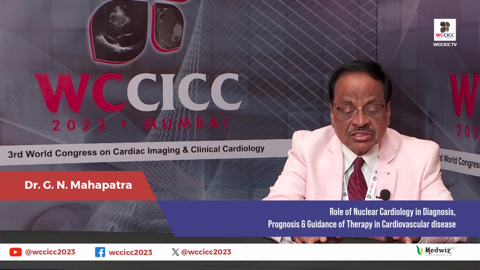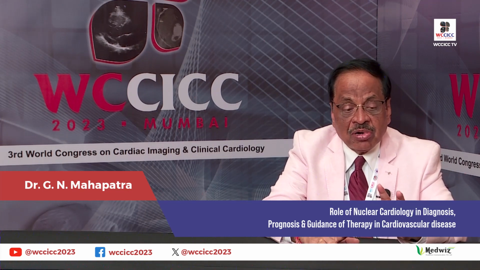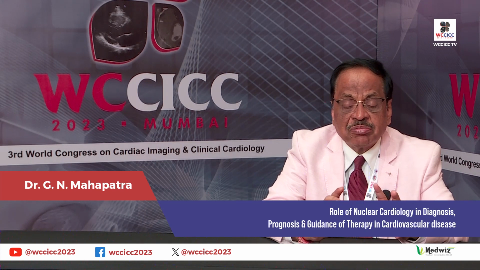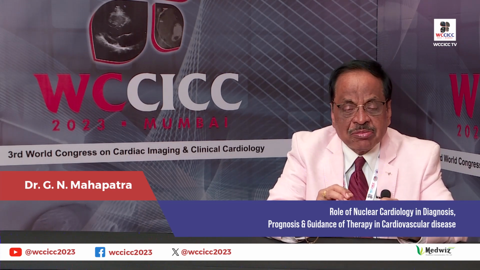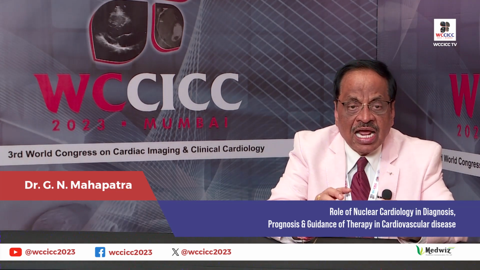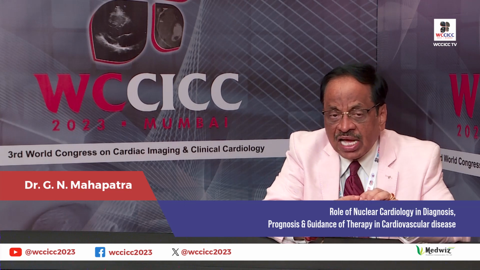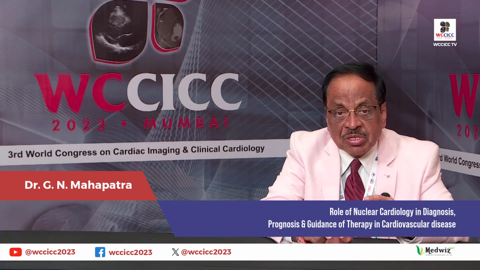Then the third subset of patients is when there is suspicion of atheromatous plaque. What is plaque? Coronary calcium gets deposited in the coronary arteries, and that gets infected and a plaque is formed. Plaque is of two types: one is called unstable, the other is stable plaque.